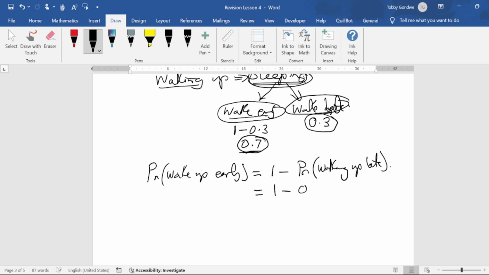So 1 minus 0.3 gives us 0.7, and that's the probability that she wakes up early. Now, remember that when we find such values, it tells us a lot. It means that she is one person who wakes up very early most of the times, and rarely does she wake up very late. So this is our answer here. Let's move on.